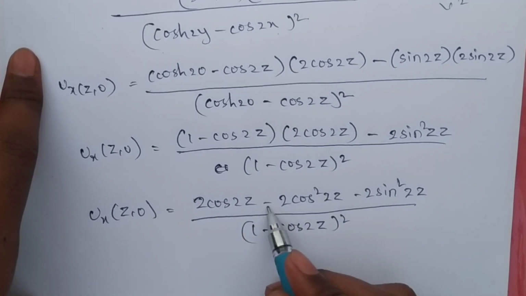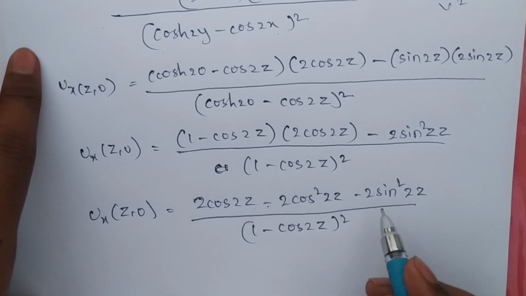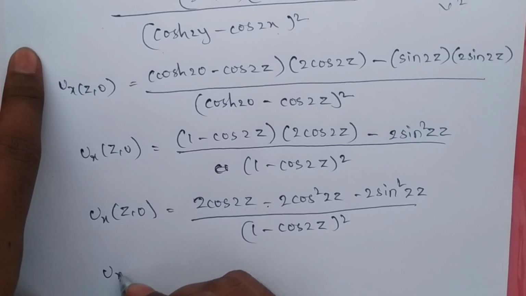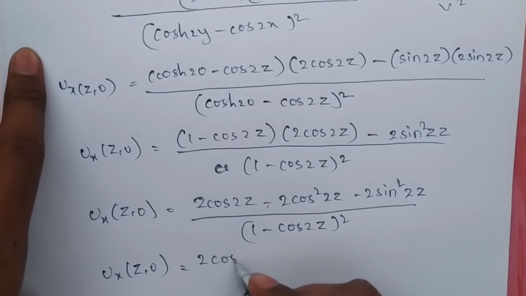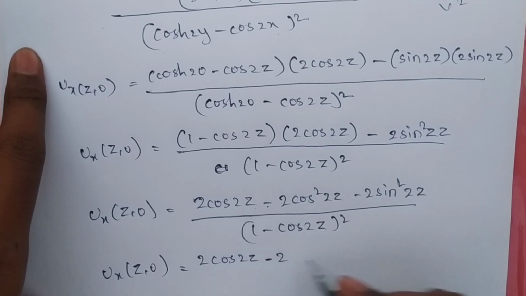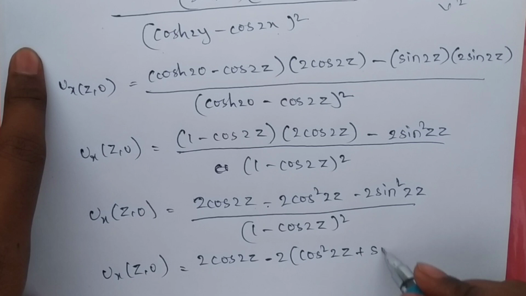If we take minus 2 common from the above numerator, it becomes ux at z comma 0 equals 2 cos 2z minus 2 common, cos square 2z plus sin square 2z.